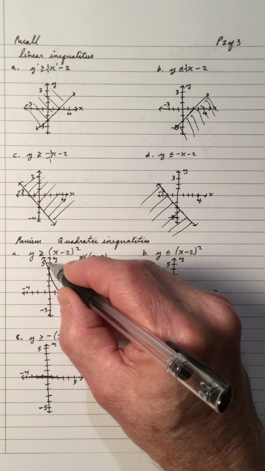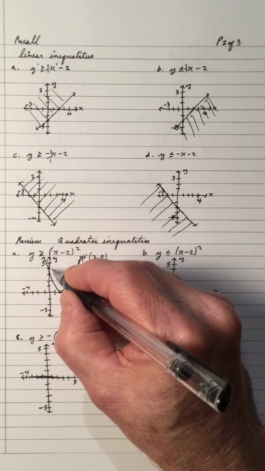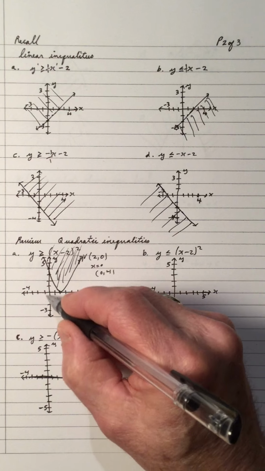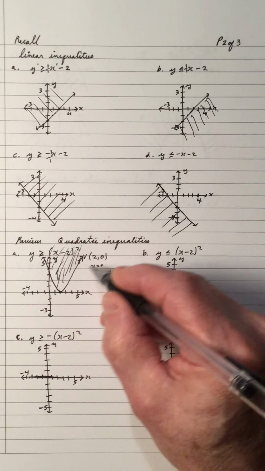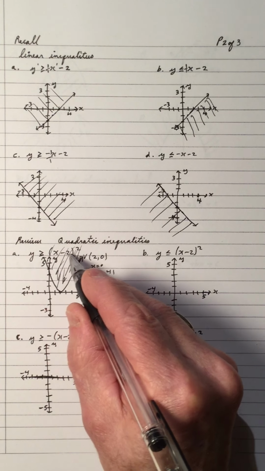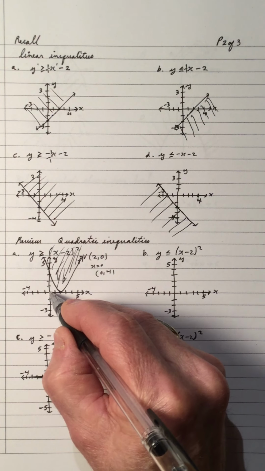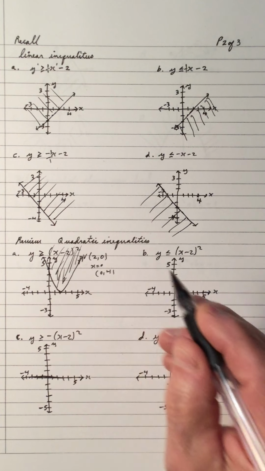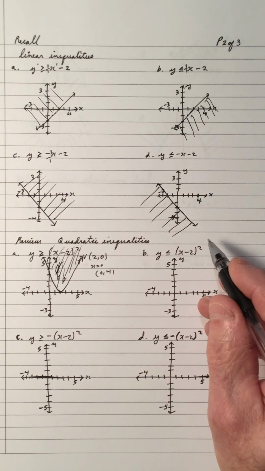So greater than is going up. So this is greater than, this side. Less than would be this side right here. And again, if you take the point 0, 0 and plug it into the inequality, the point 0, 0 will make the inequality false, so I can't shade here, I have to shade above.